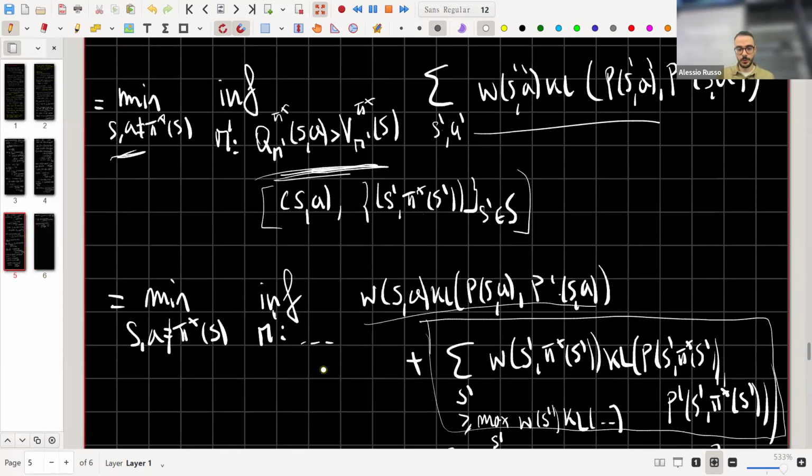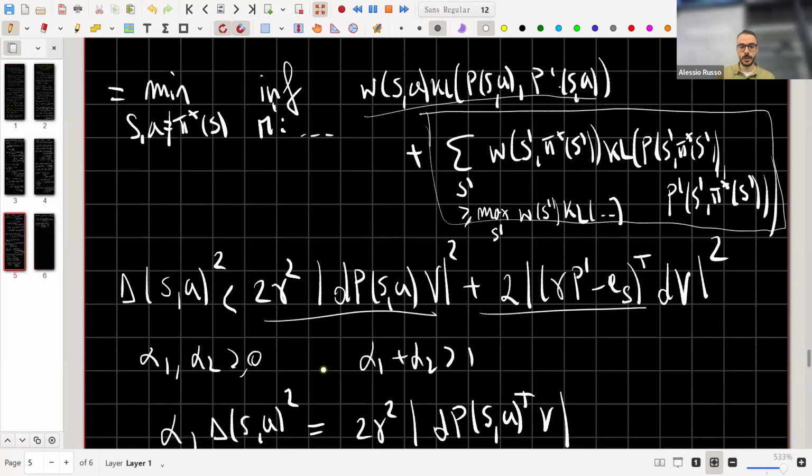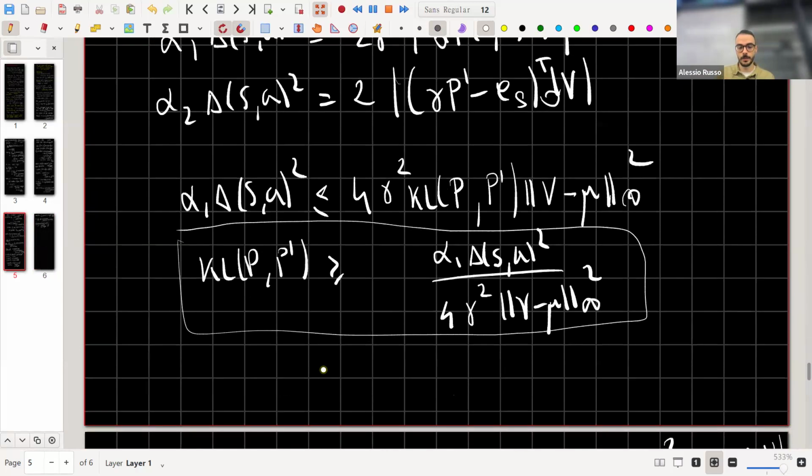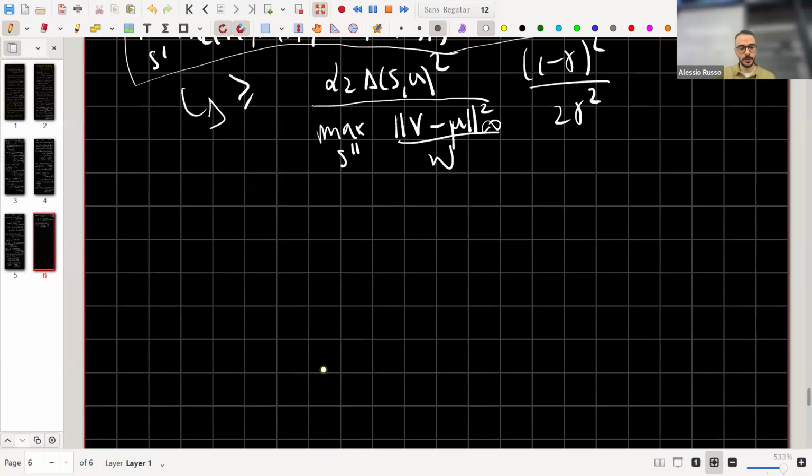So we are finally ready to lower bound both terms. So this sum will be lower bounded by the maximum quantity in this sum, which is the inequality that we just derived. And for the first term, we can use the lower bound that we derived here. So we have just found that the initial inverse of the characteristic time can be lower bounded in this way.